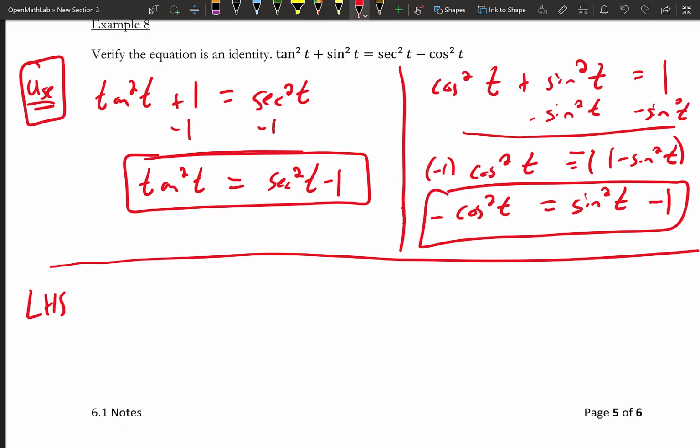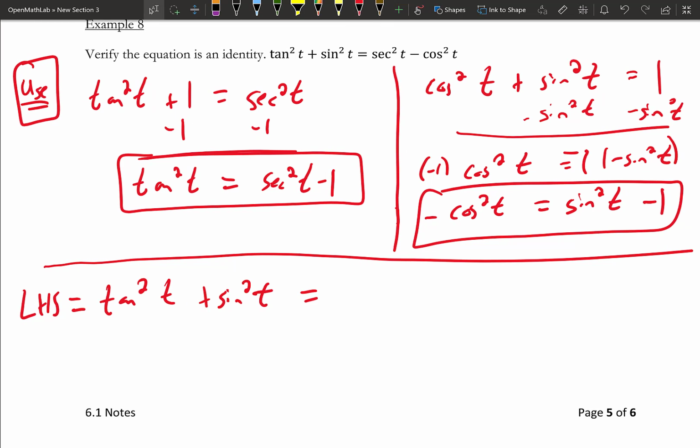So the left-hand side is equal to tangent squared t plus sine squared t. Then I'm going to substitute the first one in here for tangent squared t, so this would be equal to secant squared t minus 1, and then I'm just going to write plus sine squared t.